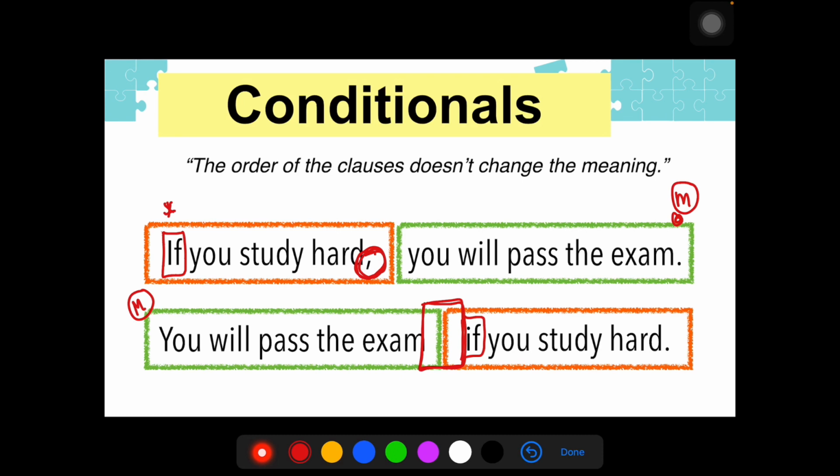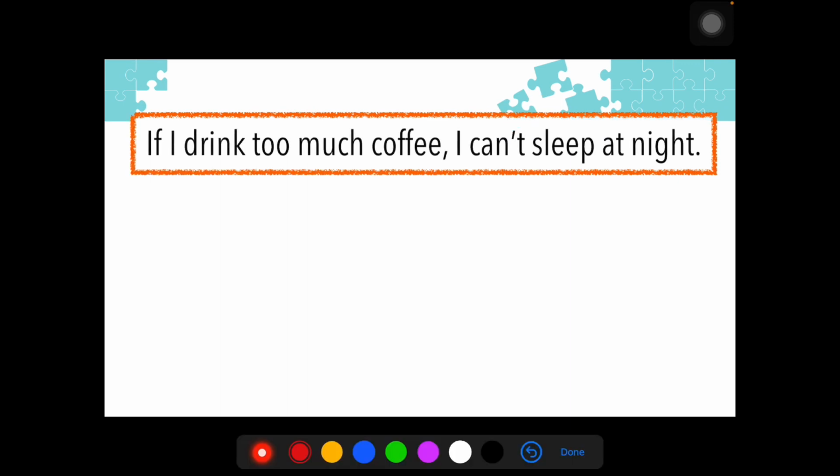Remember, the order of the clauses doesn't change the meaning, but the comma does matter. Let's look at this example. If I drink too much coffee, I can't sleep at night. Look at the order of the clause. Is it correct? Very good. It is correct, right?